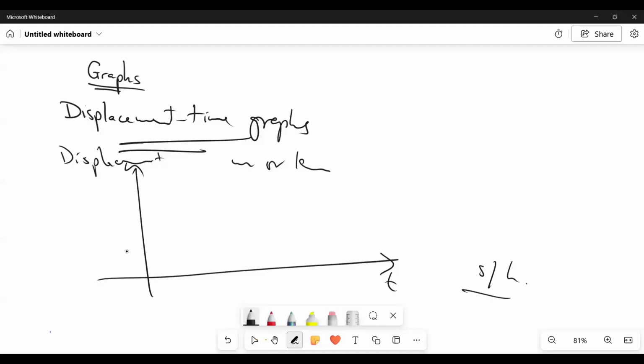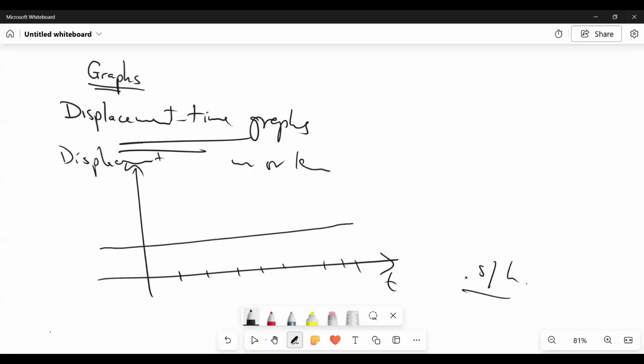All right. Let me question you and see if you're like something like this. What do you think is happening here? If this describes an object, what's happening here? Anybody can say? So time is going, but the displacement isn't changing, is it?